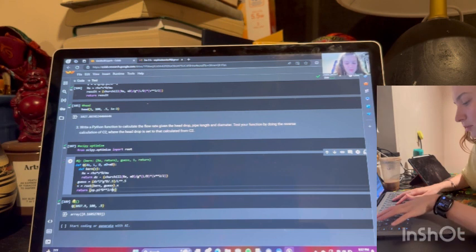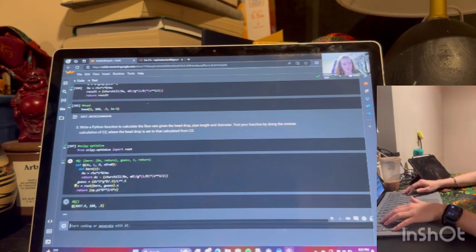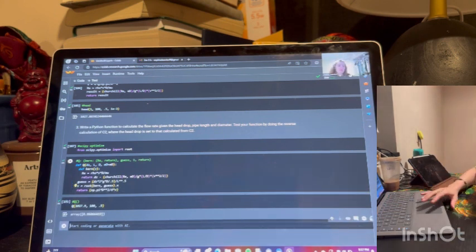Oh, this is supposed to be 4 times V, I think. Okay, and then that's close enough to 1 for me, so we are going to call this homework wrapped up.